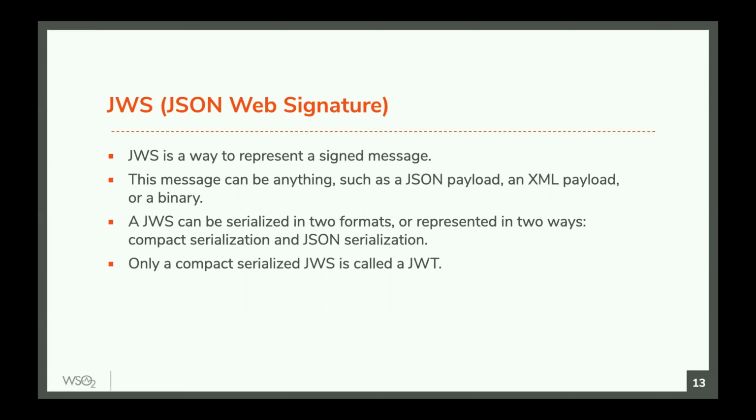But remember, if it is to be a JWT, it has to be compact serialized, and the payload must be a JSON payload. For JWS, you don't have that requirement. So every JWS is not a JWT. A JWS can be serialized in 2 formats: compact serialization and JSON serialization. Only a compact serialized JWS is called a JWT.